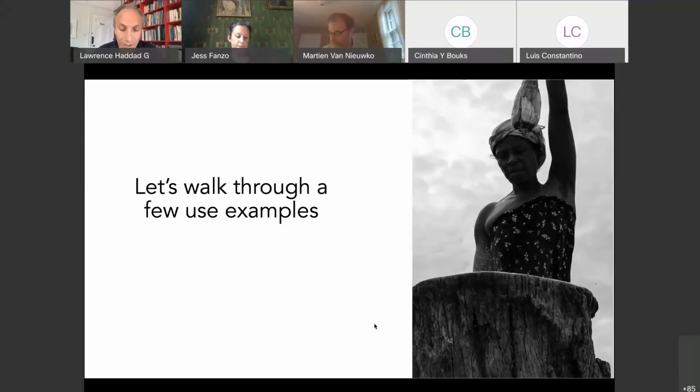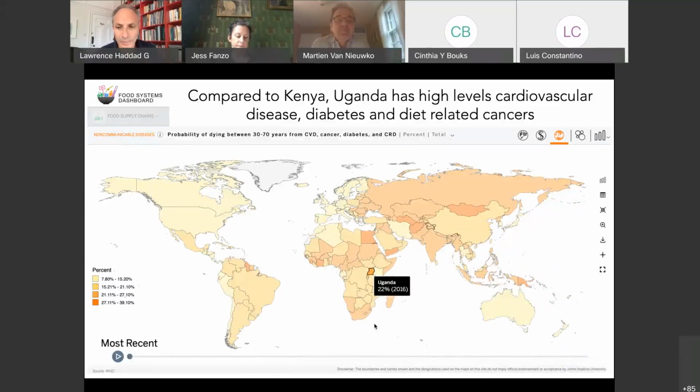But just to give you a sense of how this could be used, let me walk you through a few hypothetical examples. So, for example, if you're a Ugandan policymaker, you will be pretty alarmed at the high levels of cardiovascular disease, diabetes, and diet-related cancers.